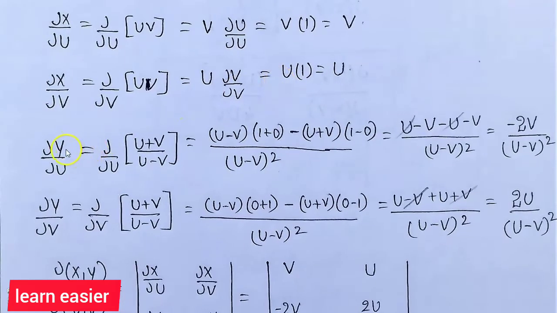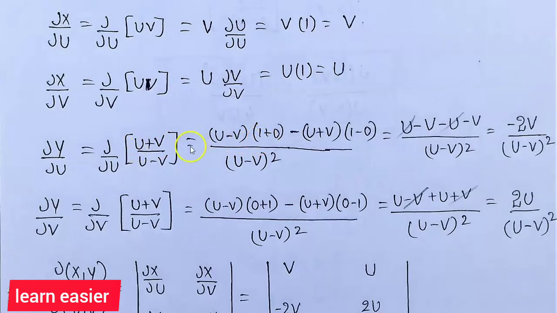Now we have to differentiate y = (u + v)/(u - v) with respect to u. You can see here the u term is in the numerator as well as in the denominator, so we have to apply the derivative of f by g. The derivative of f by g is (g f dash - f g dash) by g square. If we consider u + v as f and u - v as g, first take g into f dash. f dash is the derivative of u + v. The derivative of u is 1.